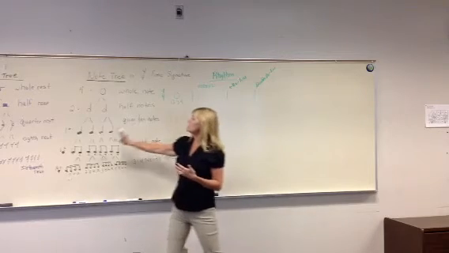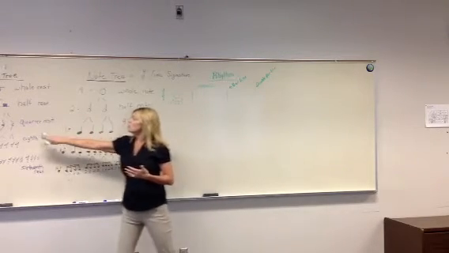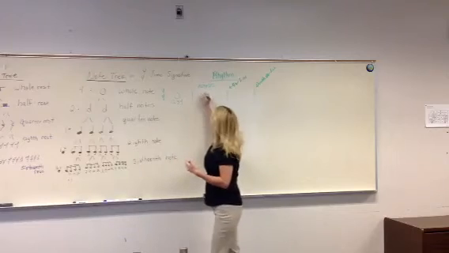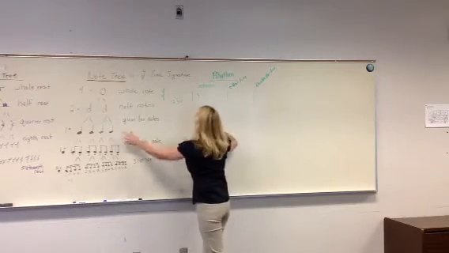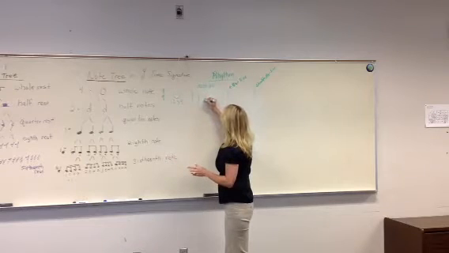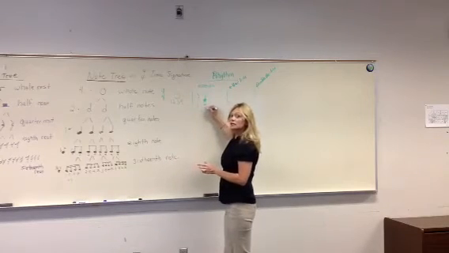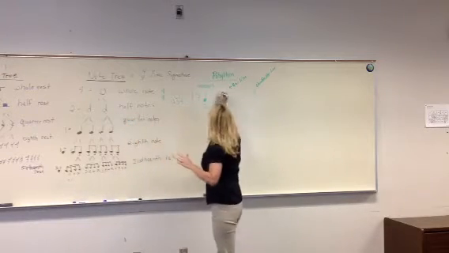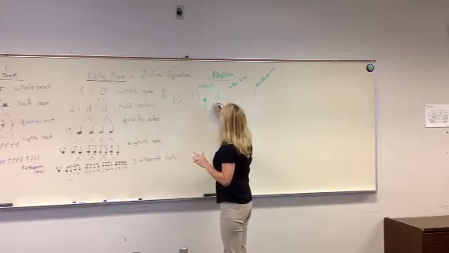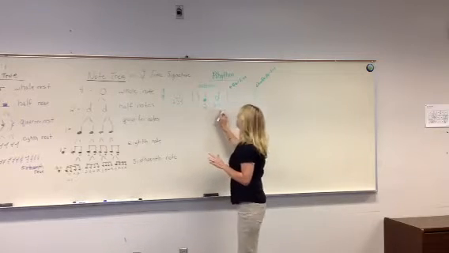Let's do a rest this time. Let's do a quarter rest. That gets 1. Let's do a quarter note. That gets another beat, so the next beat is 2. And let's finish it off with a half note, which gets the next 2 beats, 3 and 4.